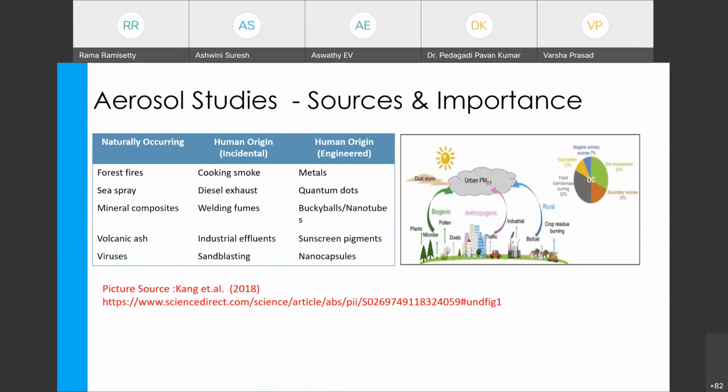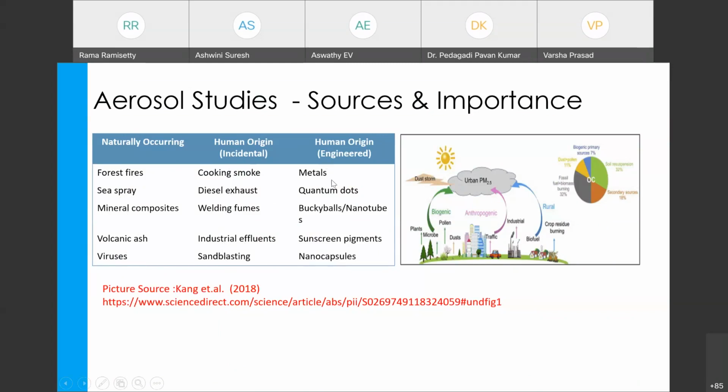If you look at the aerosol sources and their importance, naturally occurring sources include volcanoes, forest fires, aerosols from the sea, mineral compounds, or viruses. Similarly, we have sources from human interactions: cooking, diesel, industries, or whatever involves human interference.